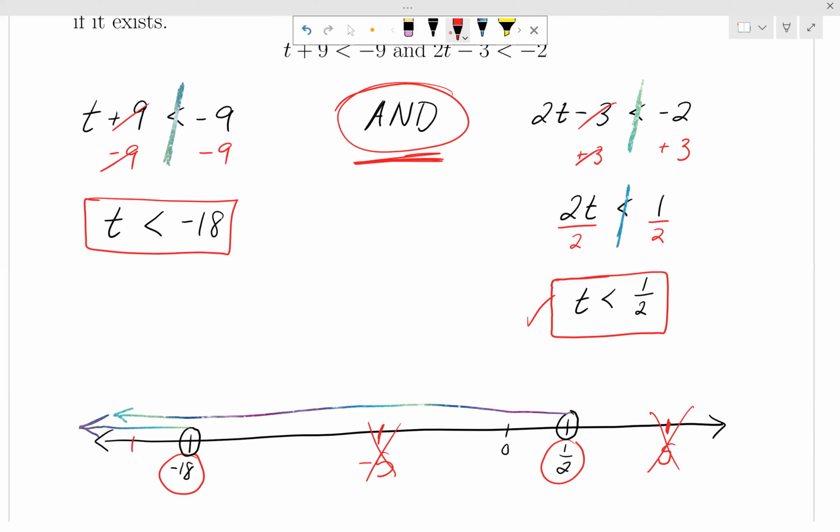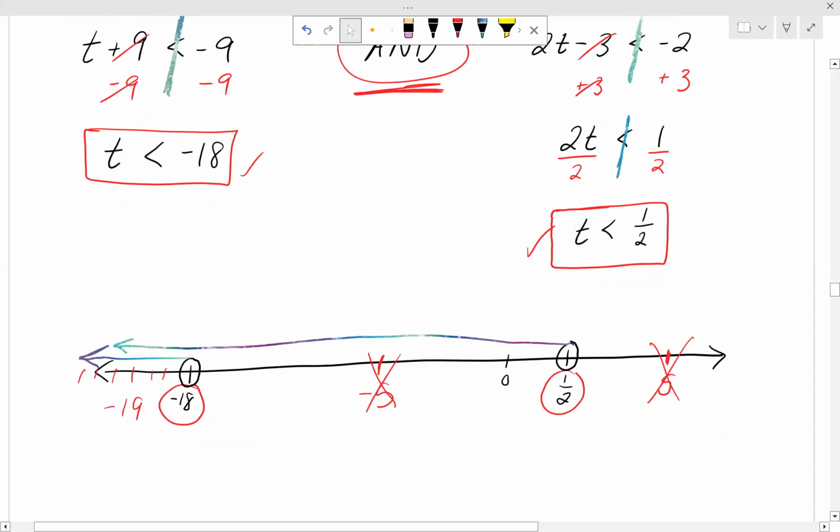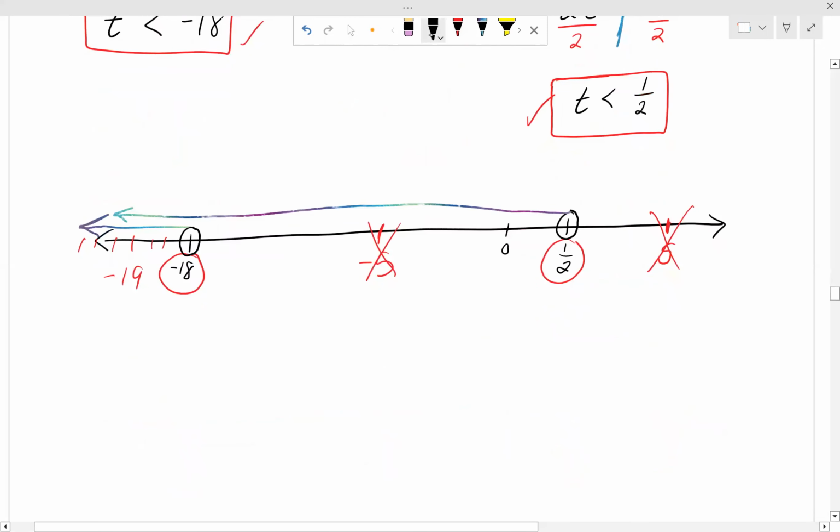Alrighty. So the next time that it would work, let's try negative 19. Negative 19 is less than negative 18, and it's less than 1/2. So that works. So all values that are less than negative 18 work. So to write this as interval notation, we're going to look from negative infinity, because all these values this way work. If I picked negative a million, that's less than negative 18 and it's less than a half.